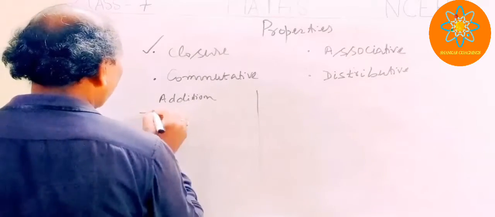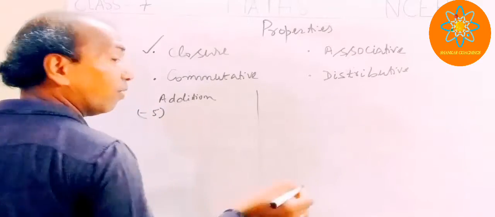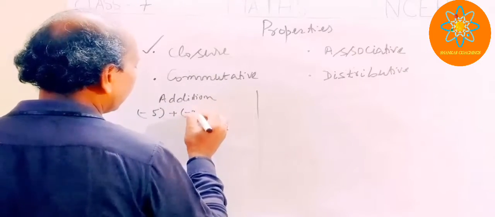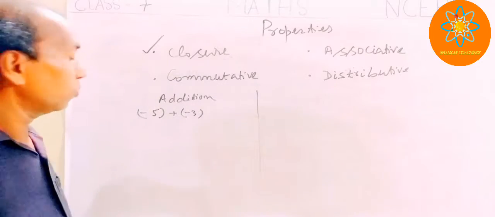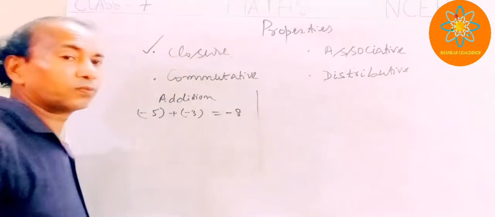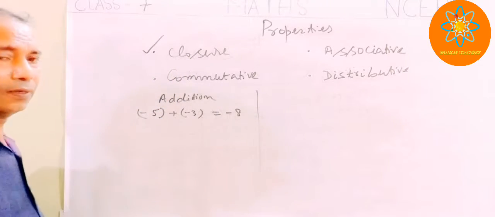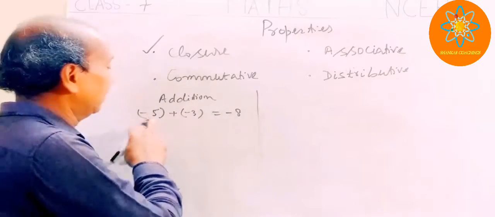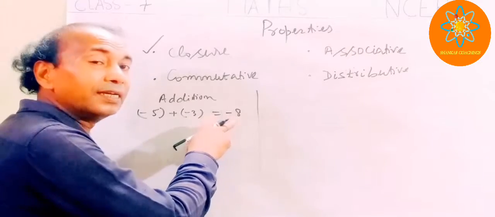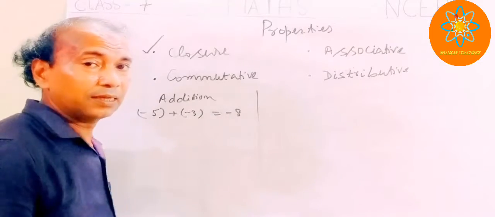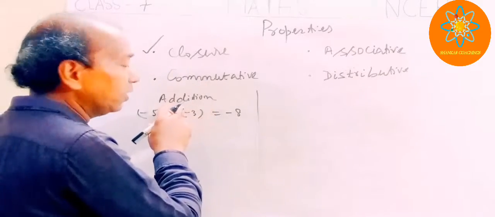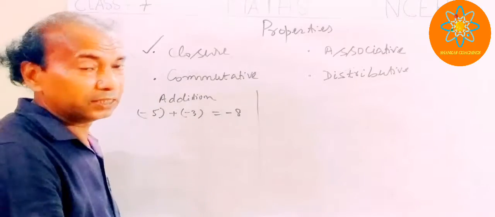Let's suppose I have minus 5 and I want to add, let's suppose, minus 3. So I am getting minus 8. So what is happening here? This is an integer, this is also an integer, and you are getting an integer. That means closure property for the addition is true for integers.